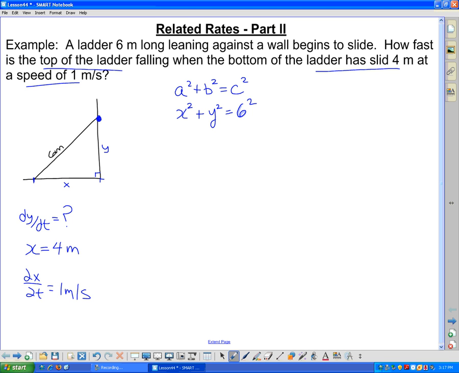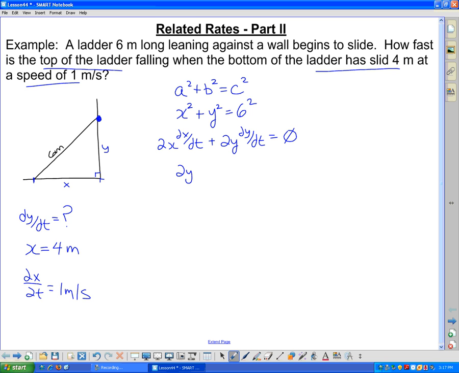Now we're going to take the derivative. It's just power rule. Taking the derivative of x squared, you get 2x dx by dt plus 2y dy by dt, and it's equal to 0. Remember, 6 squared is a constant, so the derivative ends up being 0. We're looking for dy by dt, so I'm going to isolate that.